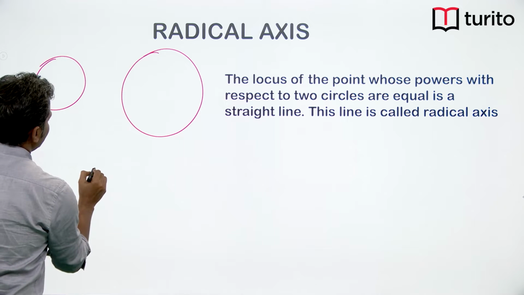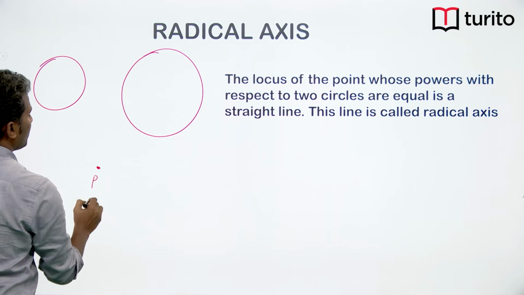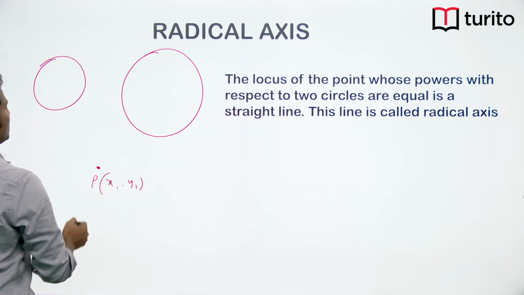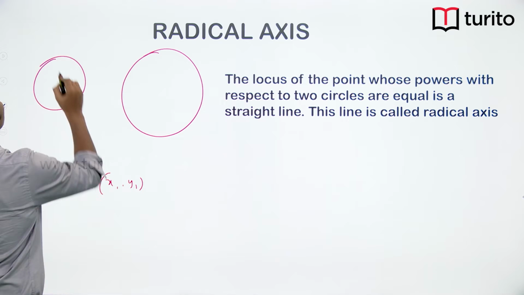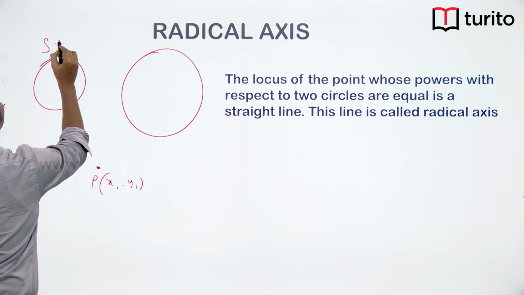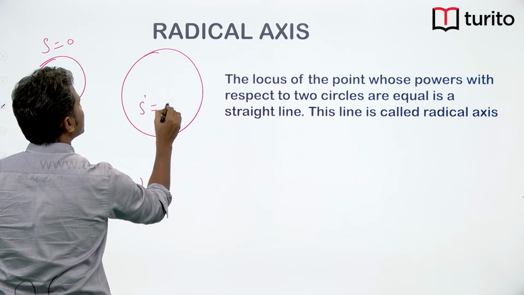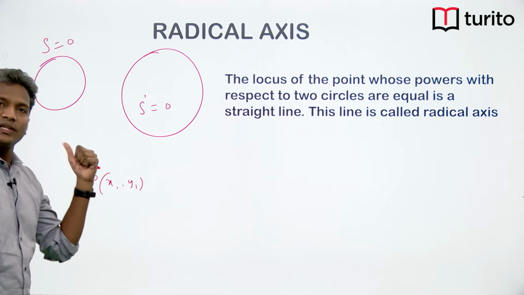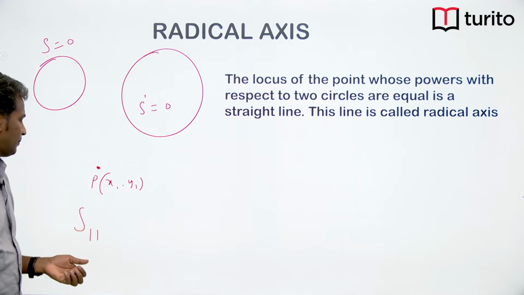Now, if I take any random point, let us say this is my locus point P, I can take it as x1, y1. Now, from this point, if I take this circle as S equal to 0 and take the second circle as S' equal to 0, then the power with respect to the first circle is going to be S11.